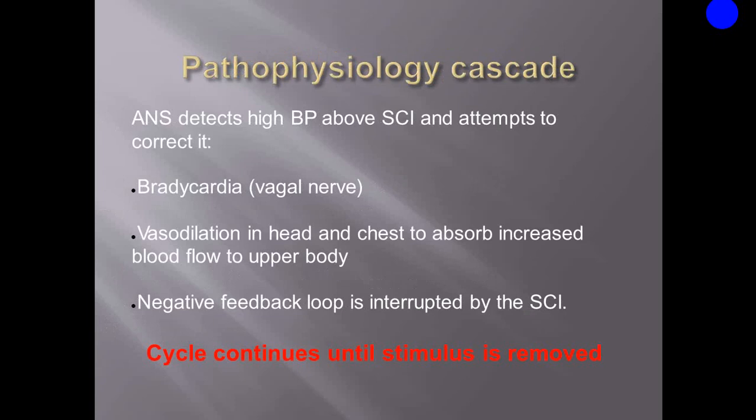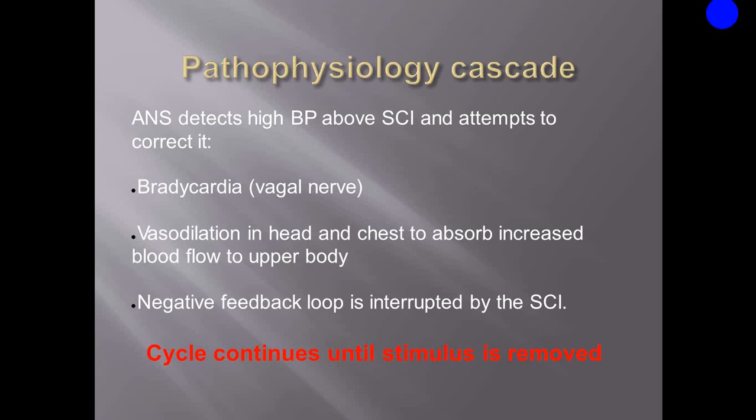The autonomic nervous system detects high blood pressure above the spinal cord injury and attempts to correct it. When our body wants to correct that rise in blood pressure, bradycardia occurs as stimulated by the vagal nerve, and vasodilation in the head and chest increases blood flow to the upper body.